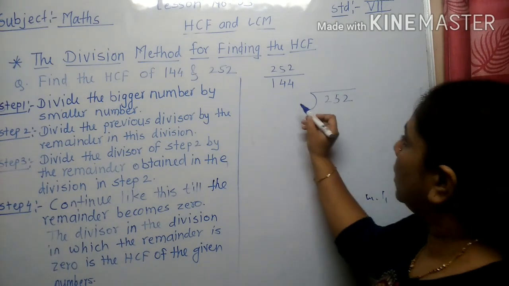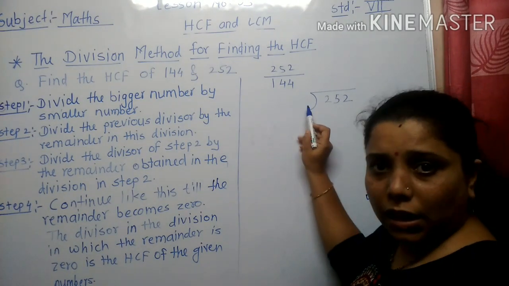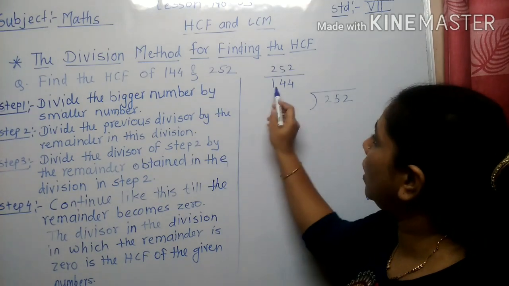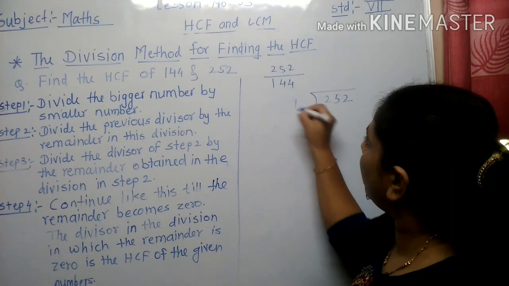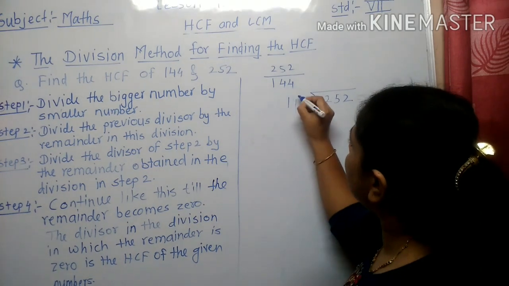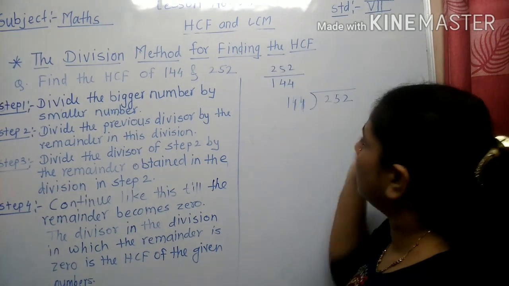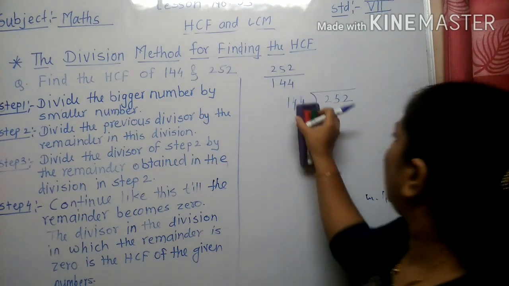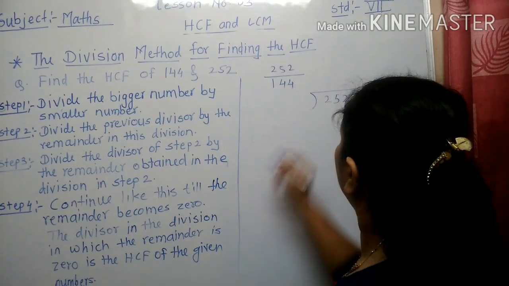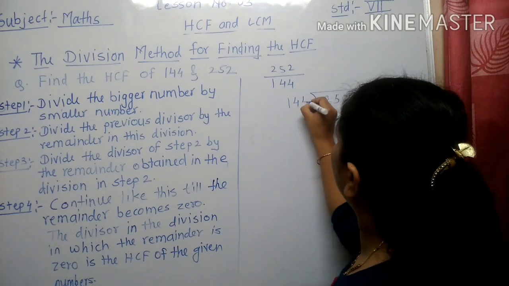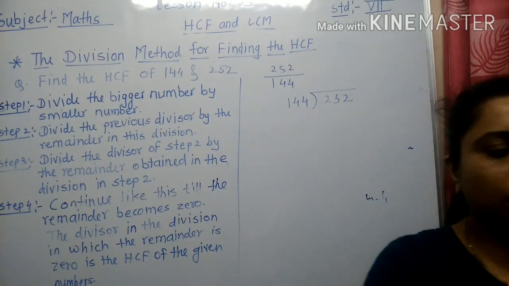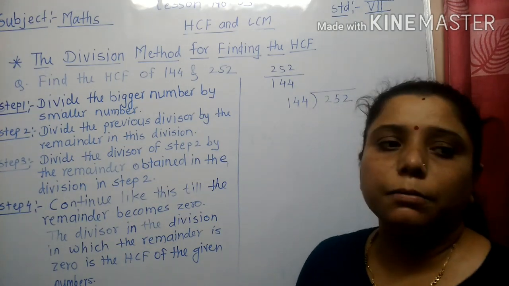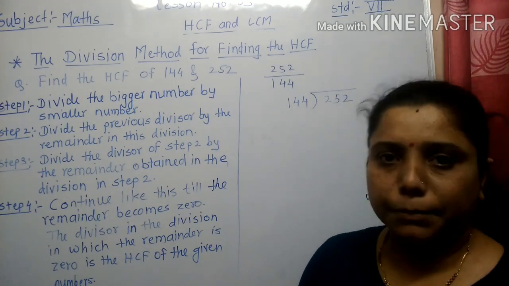Then the number to the left side of this bracket, which is the smaller number, we will call the divisor. This is 144. Understood the first step? We divide the bigger number by the smaller number.